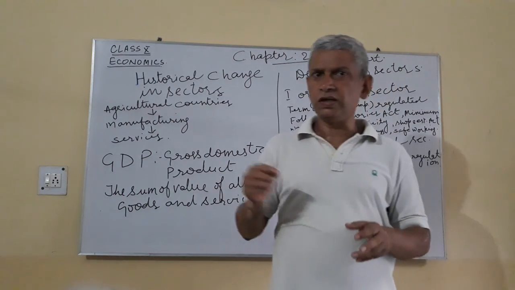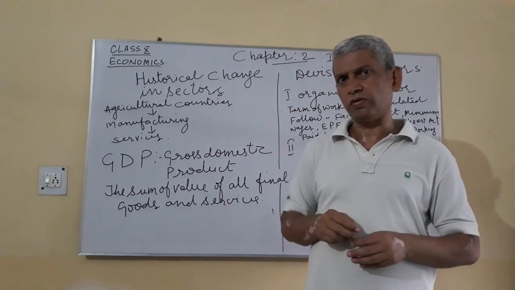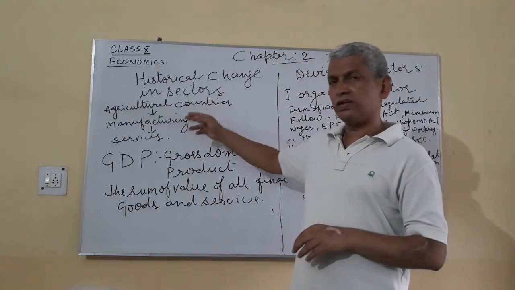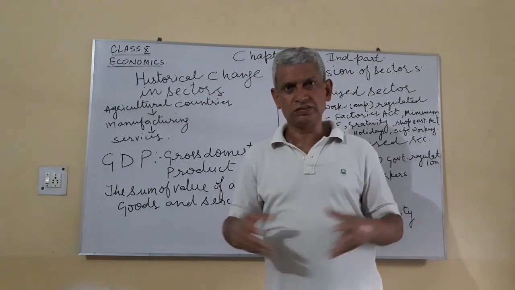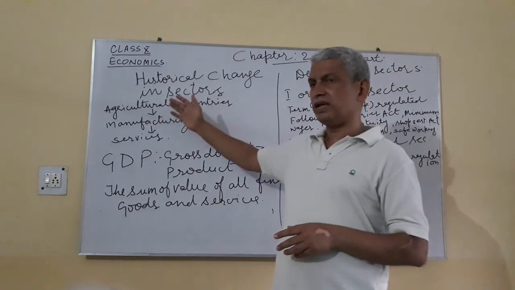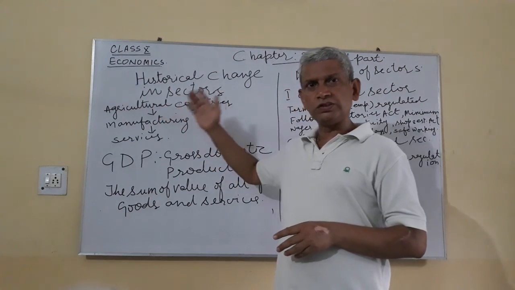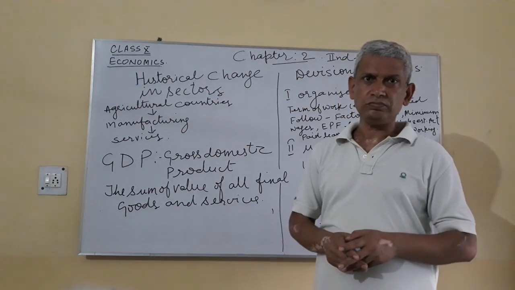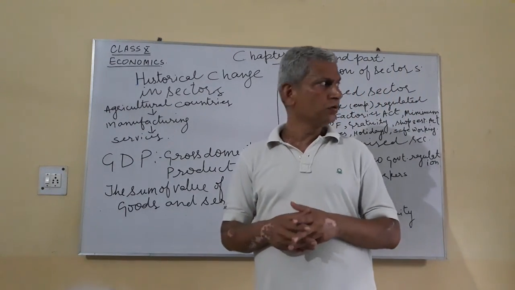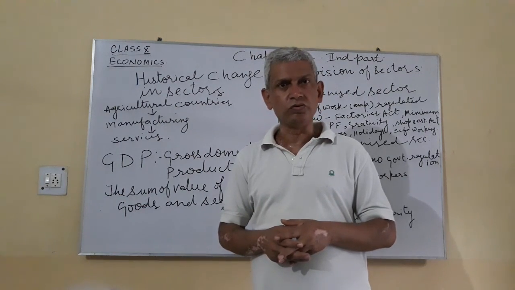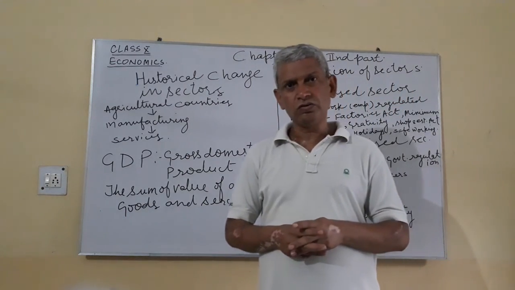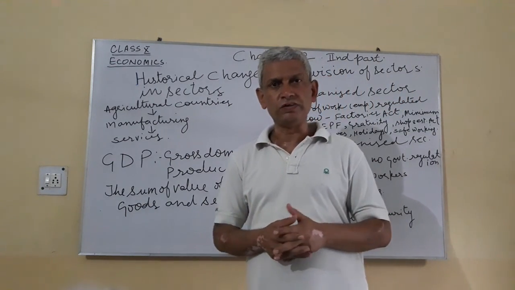So GDP is an indicator of the development of the economy, and the contribution of different sectors has gone through a big change. Earlier India was an agricultural country, and agriculture was the main contributor to GDP. Even today agriculture is a big contributor in terms of employment, close to 50% of the people are still involved in agriculture or related activities.